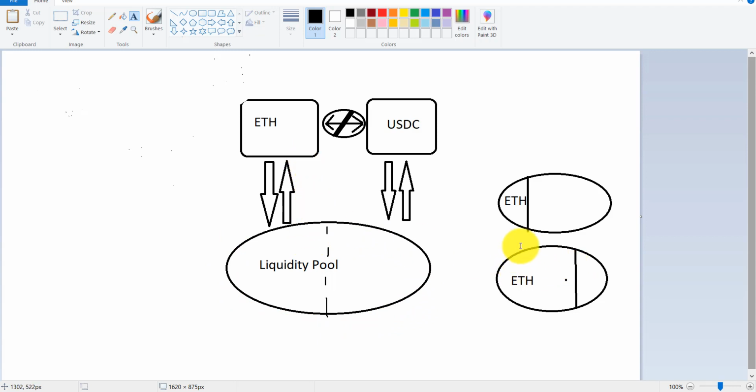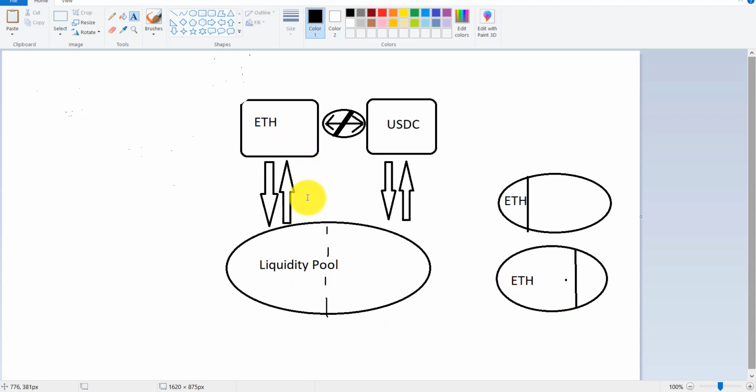See, here you were still earning fees, but the fees were not enough to offset the growing percentage of Ethereum that you had in your share that was at a much lower value. But when the price goes back up, you're back at 50-50.